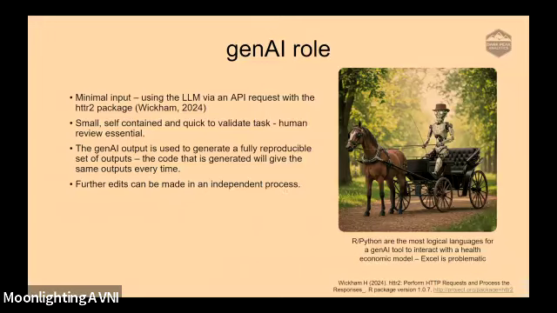So the stuff that we've got, it puts into the RMarkdown, so that if we decide we want to change this in some way, but we want to stop using GenAI, we're not tied in to have to ask an LLM to make the update again. It's just changing the code on that text. So if we want to carry on adapting, we can carry on adapting without using an LLM again. So further edits can be made in this independent process.